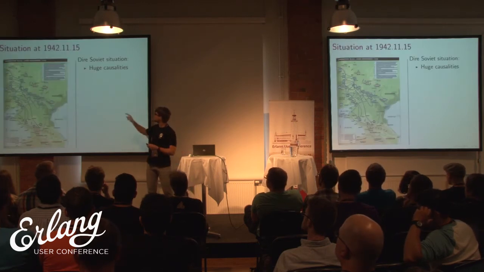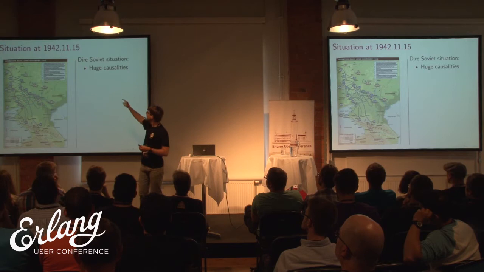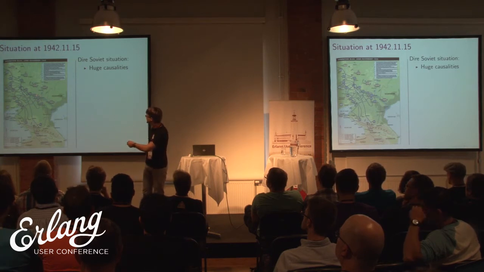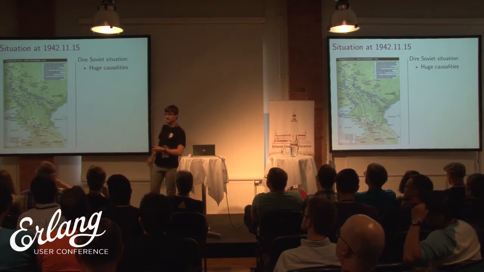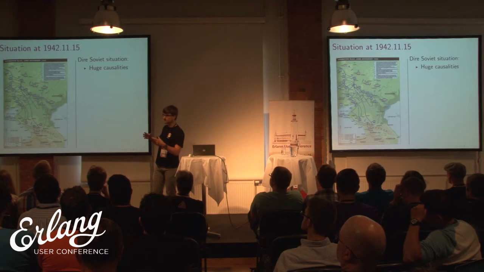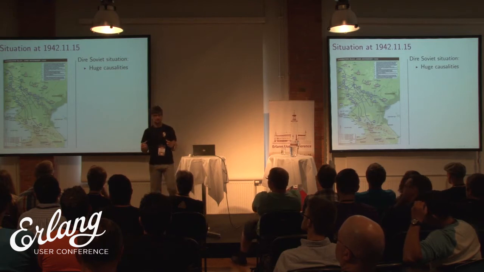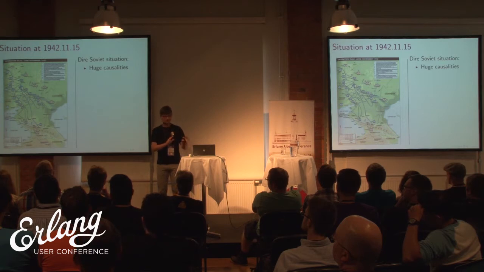This is the situation on November 15th. You see the city of Stalingrad in the middle. Germans at that time had 90% of the city. Both sides were pushing a lot of people and resources, but the Soviets, excuse me, there were no Russians at that time, the Soviets were taken out.